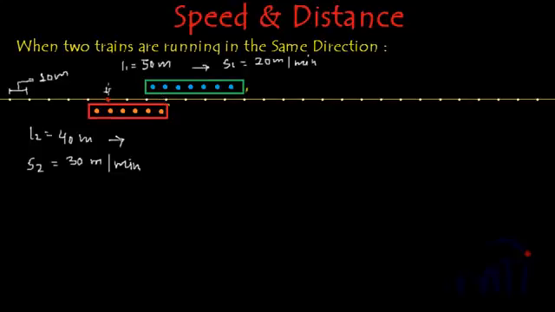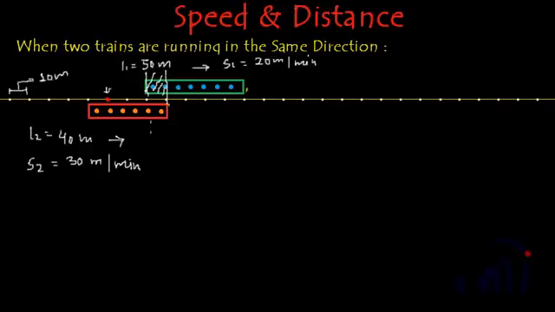And the green train has covered a distance of 20 meters because it has a speed of 20 meters per minute. So its rear end has reached over here and its front end has also traveled 20 meters and reached over here. So we have a new situation where the red train has actually crossed this much portion of the green train, isn't it?